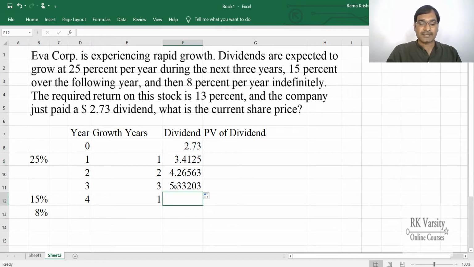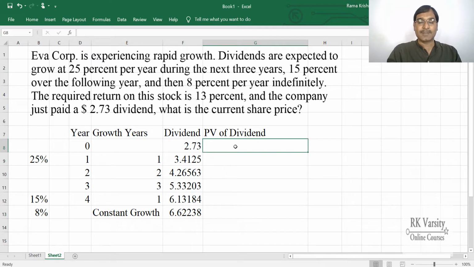So in the first stage, these are the dividends that you receive, and in the second stage, this equals the previous year's dividend times 1.15, the growth rate in the second stage. So 6.1314. Then the constant dividend equals the second stage terminal dividend times 1.08. Right, this is the constant dividend.